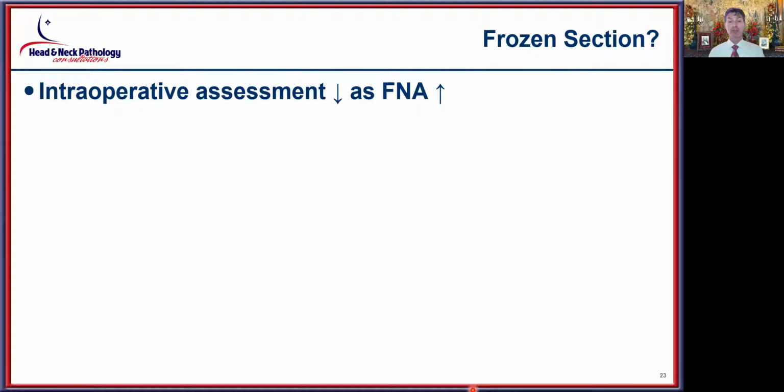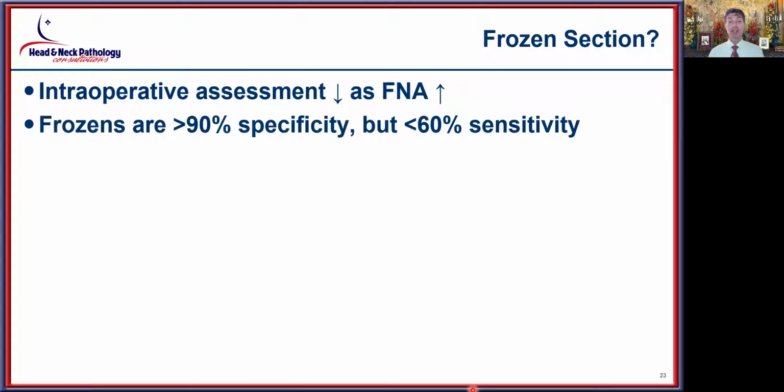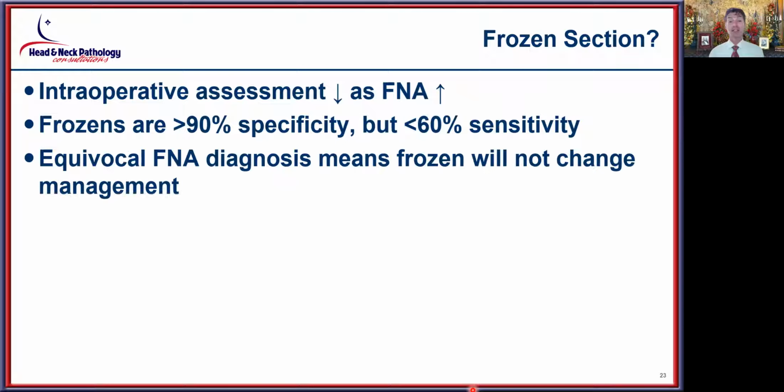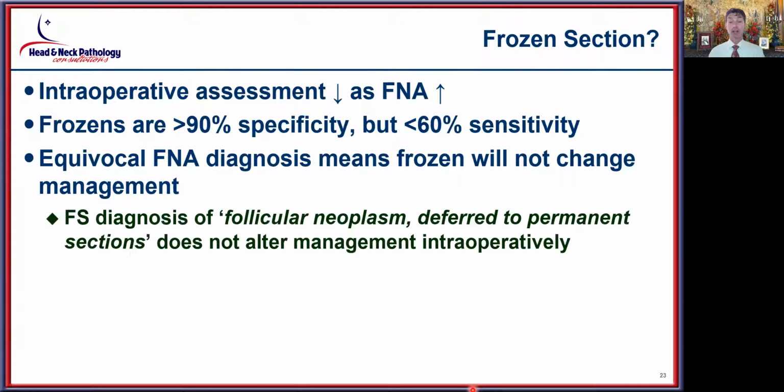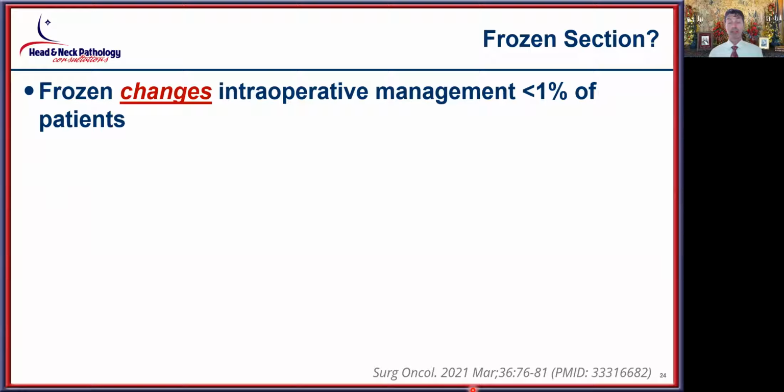Just a few comments about frozen. Intraoperative assessment has really gone down with the increase of fine needle aspiration, because while frozens are very specific, they are not very sensitive. And of course, an equivocal fine needle is going to be exactly the same thing with frozen, because it's also going to be an equivocal frozen. So when you do a frozen section diagnosis of follicular neoplasm deferred to permanent, it's not going to change the management intraoperatively at all.